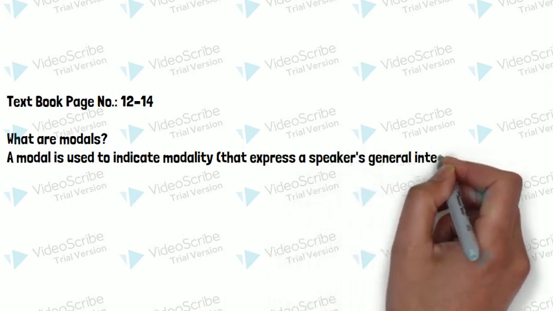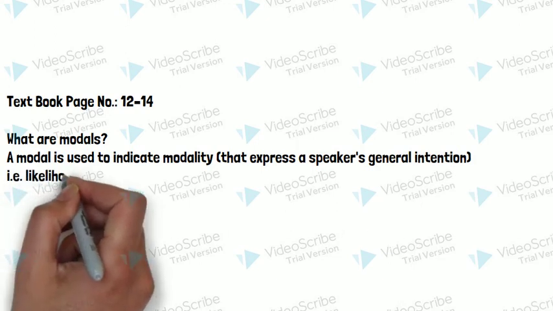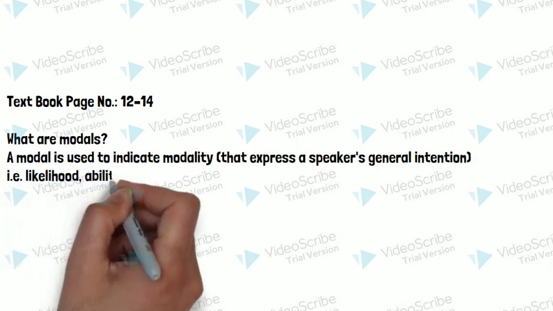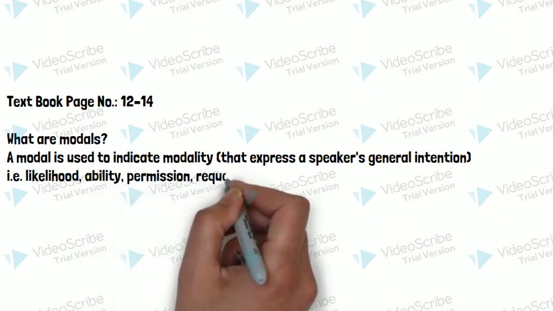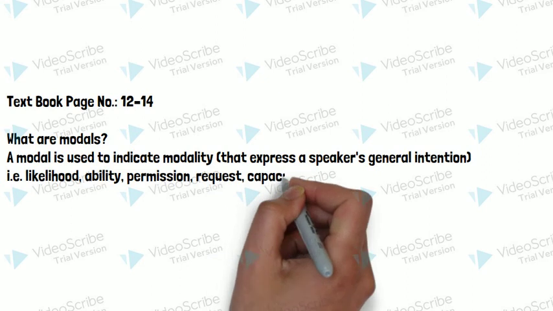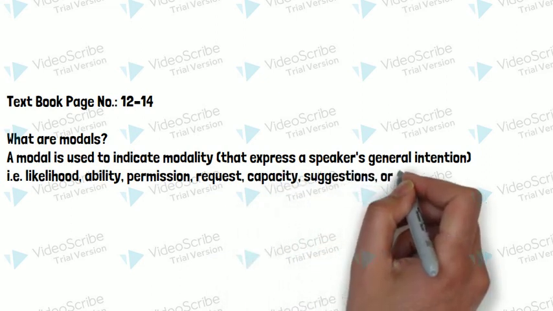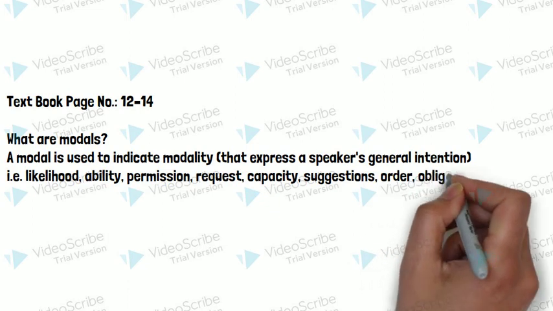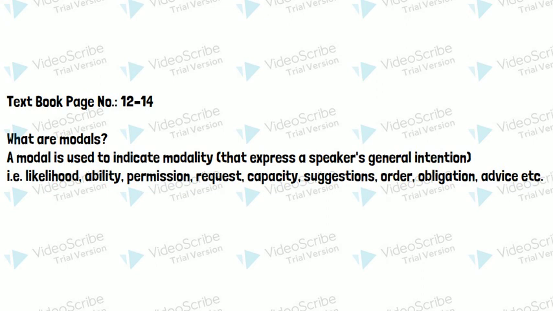I think you might have learned about modals in the previous classes. If you don't know, watch this video fully without pausing. Modals express likelihood, ability, permission, request, capability, and so on.